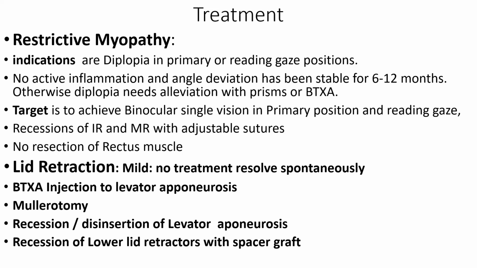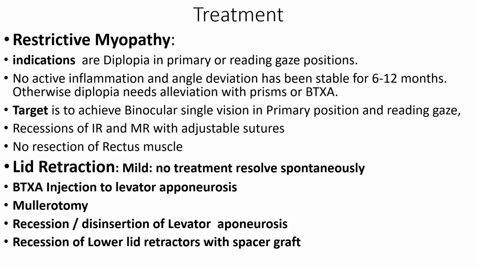The treatment of restrictive myopathy, the indications are diplopia in primary or reading gaze position, no active inflammation, and the angle deviation has been stable for 6 to 12 months.